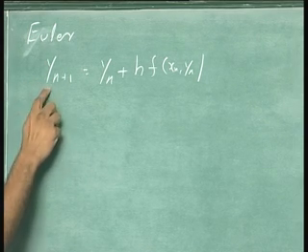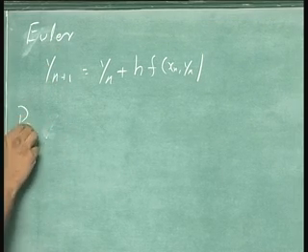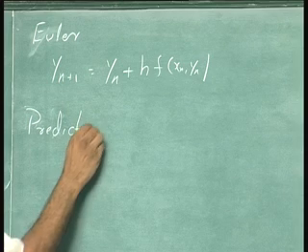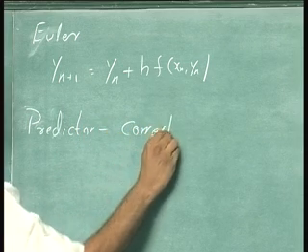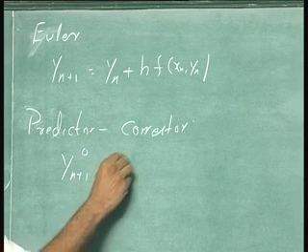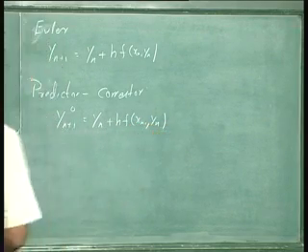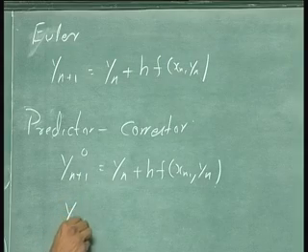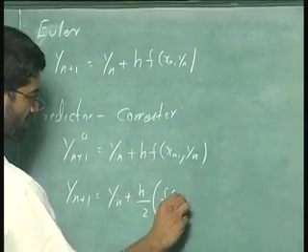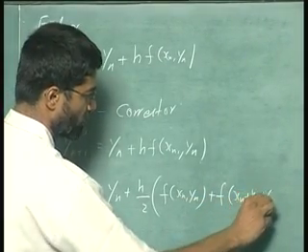So in the predictor corrector method, we wrote yn plus 1 0 as yn plus h times f of xn comma yn, and then we wrote yn plus 1 as yn plus h by 2 into f at xn, yn plus f evaluated at xn plus h comma yn plus 1 0.